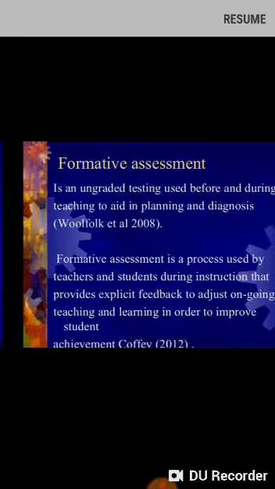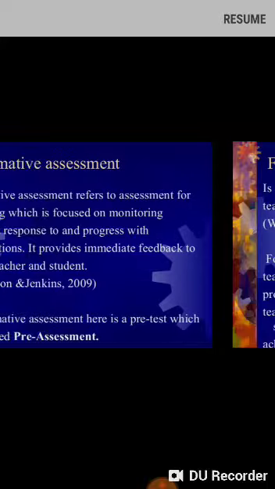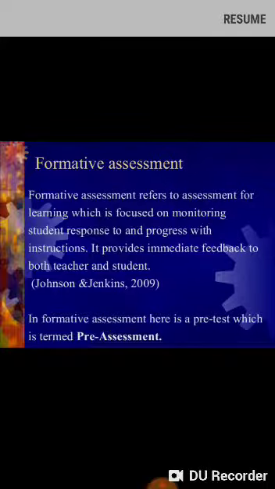Formative assessment refers to assessment for learning, which is focused on monitoring students' response and progress with instructions. It provides immediate feedback to both teacher and student.